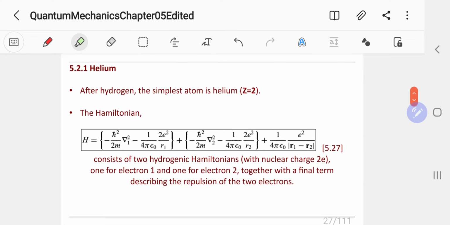The helium atom has Z equals 2. That means you have 2 protons, and that would also include 2 electrons revolving around it. So the Hamiltonian would have these terms. This is for the first electron, this is for the second electron, and this is for the interaction of the 2 electrons.